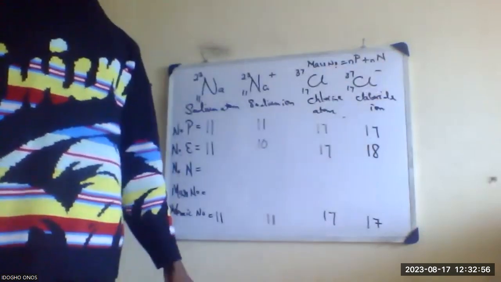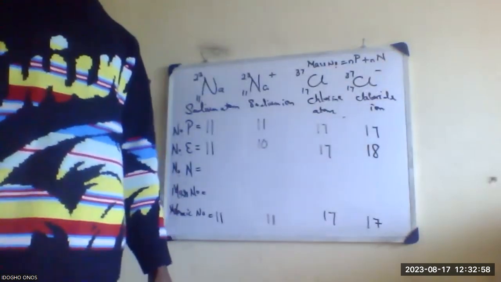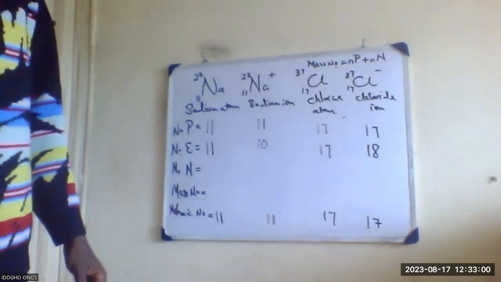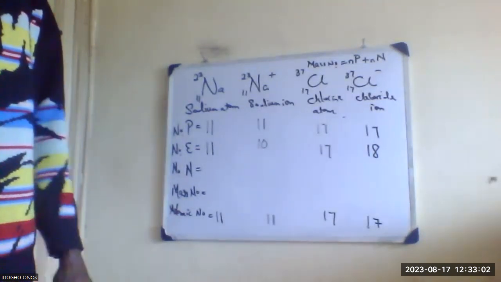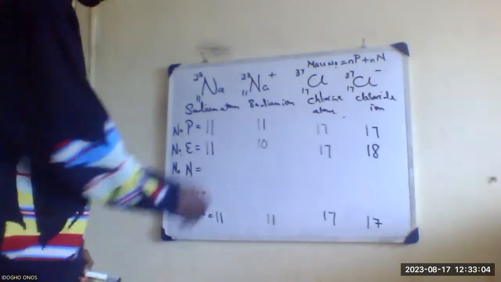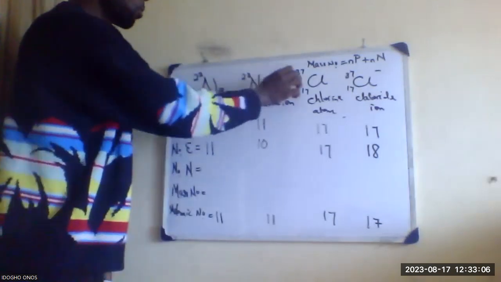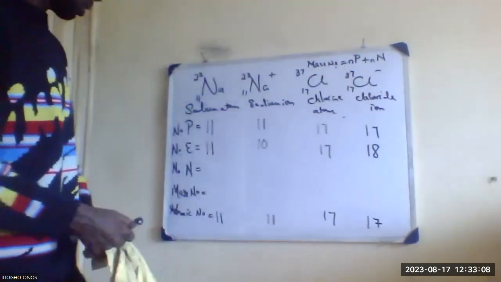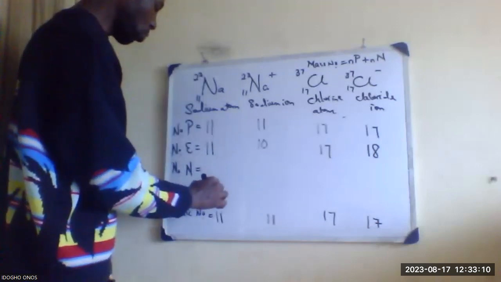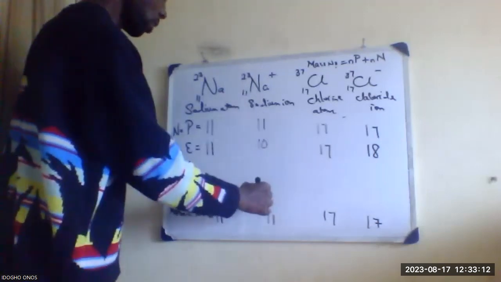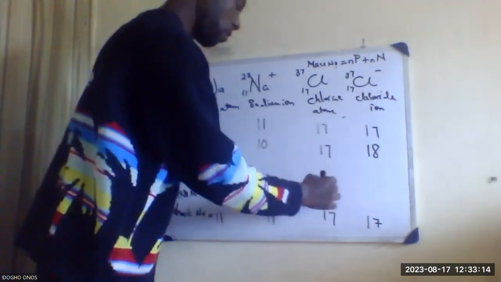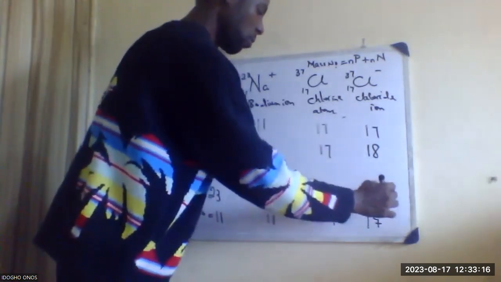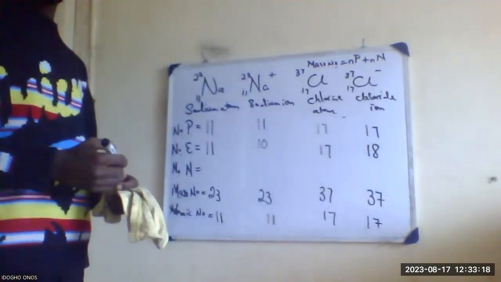That is the formula for mass number. Any question? No. Okay. So here, since the mass number was already given, there's not much calculation. The mass number here is 23, here is also 23, 37, and then 37.